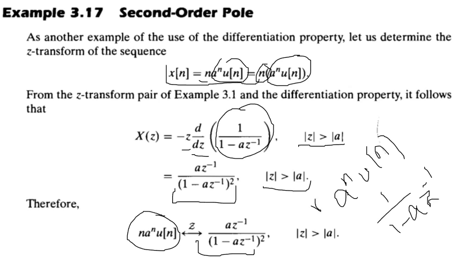Once we have n multiplied here, we get a z inverse in this, because we take the derivative. So that was a few properties of the z transform, in which we talked about the linearity property, the time shifting property, multiplication by an exponential, and the derivative property.